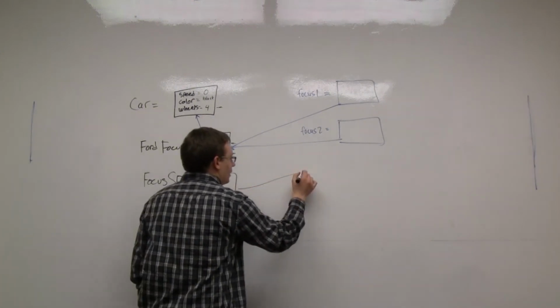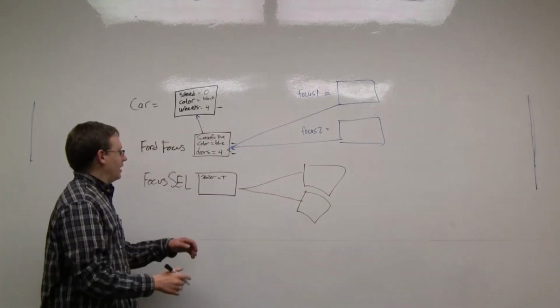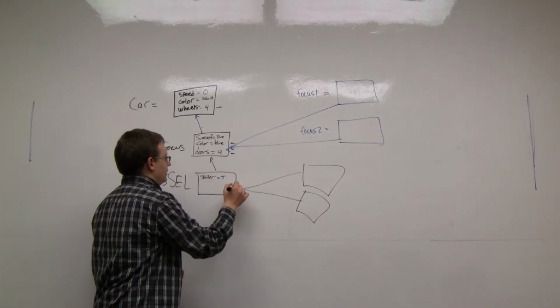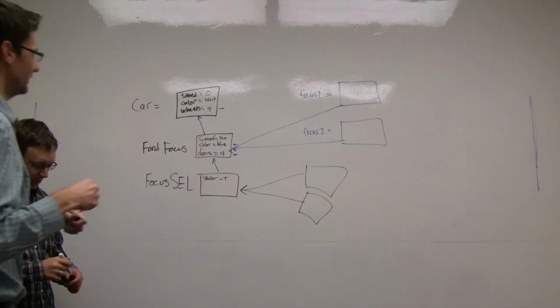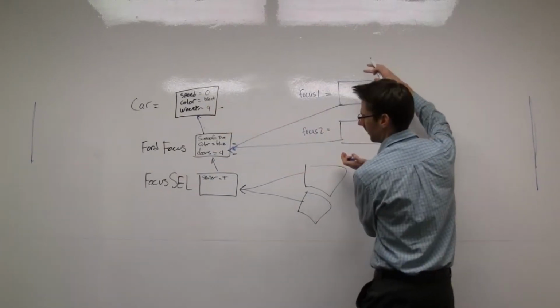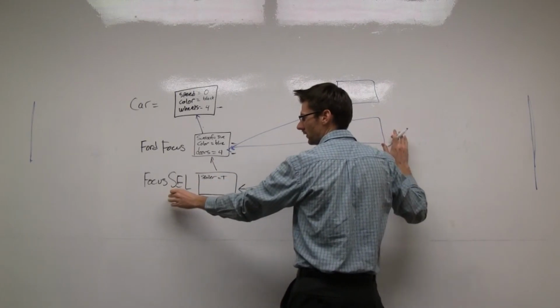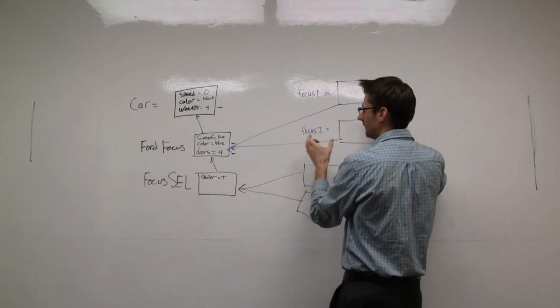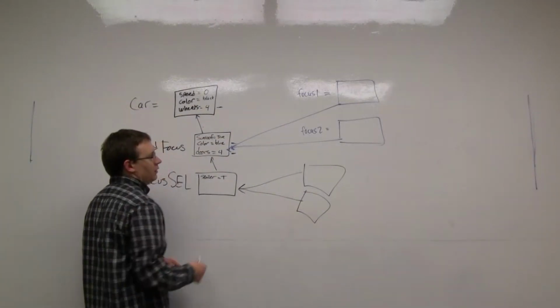And then we can make instances of our SEL and link it that way. So what's really neat is, these share the prototype chain this way, and these share it this way. So these aren't a prototype of the Focus SEL, they're just a Ford Focus. Right. But these are an SEL.